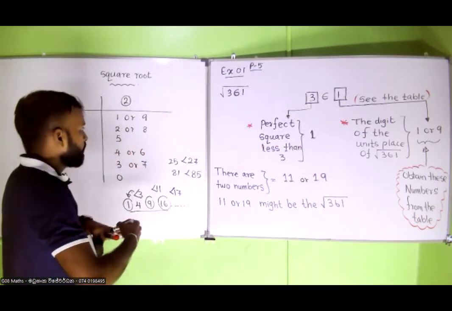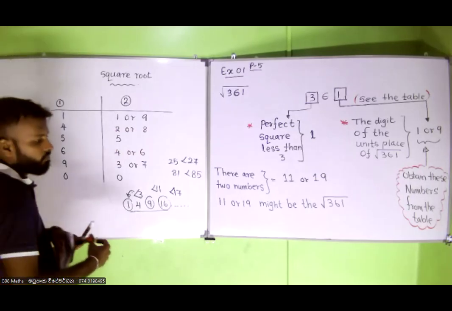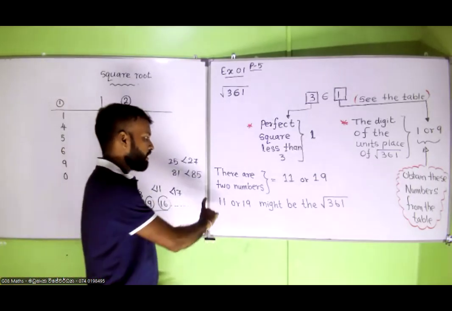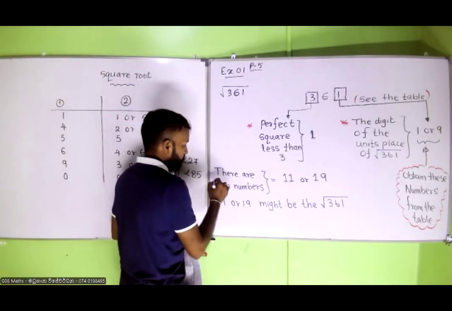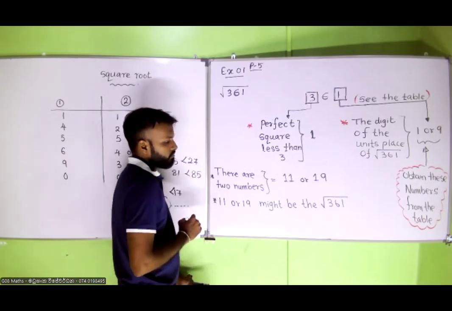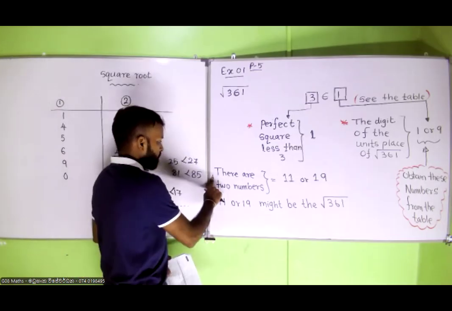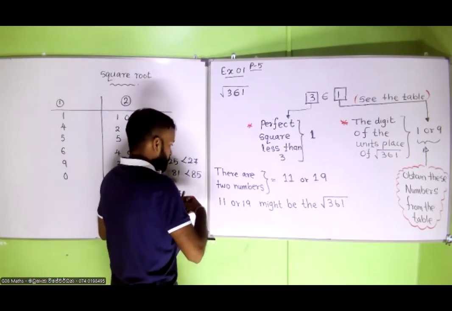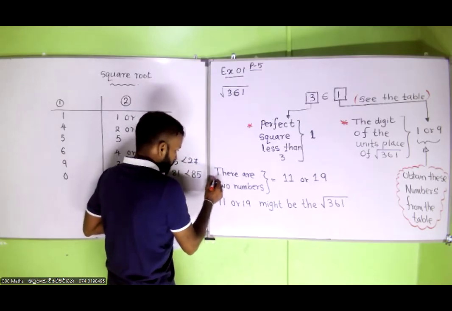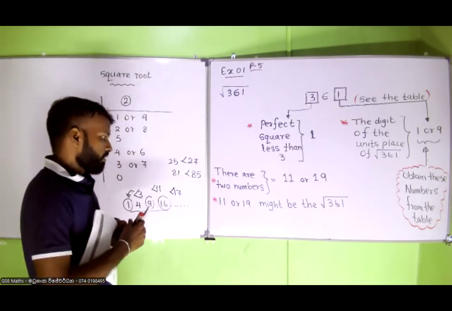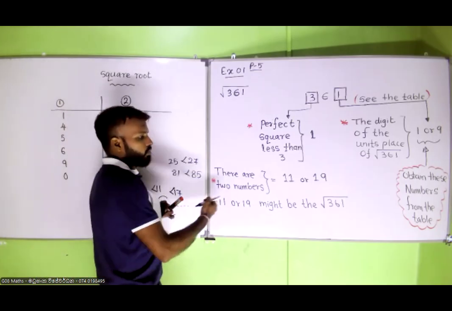How are we going to check? Very easy. 11 or 19 might be the square root of 361.